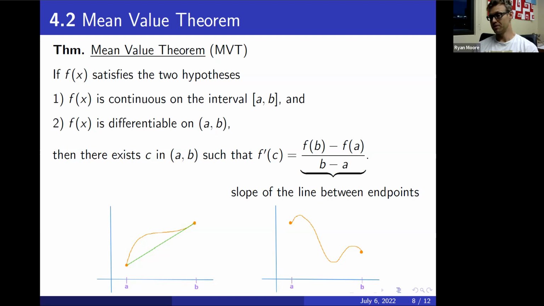Which one came first? Again, I'm not really sure. It could be that Rolle's theorem came first, and then later people realized, oh, we could do this for broader cases, and they came out with the mean value theorem. But I wouldn't be surprised either if it's actually the other way, that maybe the mean value theorem came out first, and then people realized, hey, we're actually using the mean value theorem where the slope at a point equals 0.